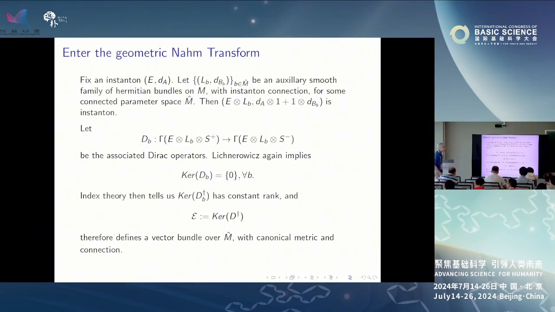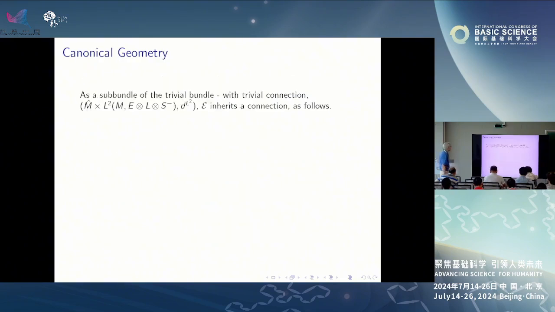And that bundle has a canonical metric and a canonical connection. So let's say a little bit about the canonical geometry. On each component, those L_B we said had a fixed topological type, so I just write it as L and drop the subscript. We'll consider just the one component case for now.